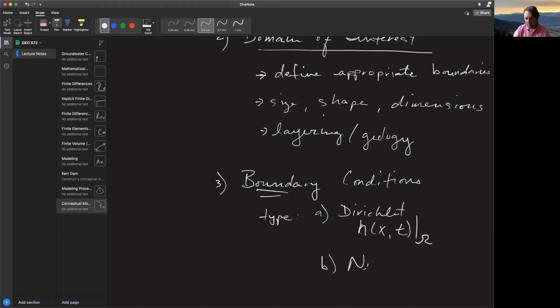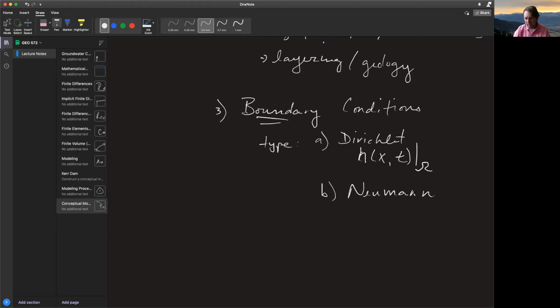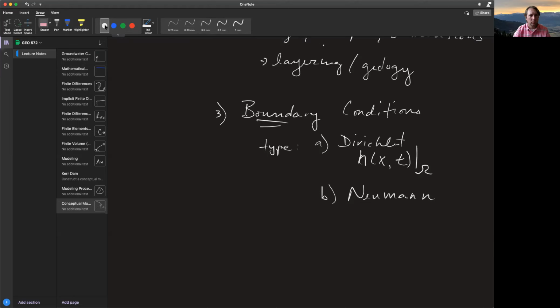Second type is specified gradient. This is really specifying grad h on the boundary, and that can be a function of space.